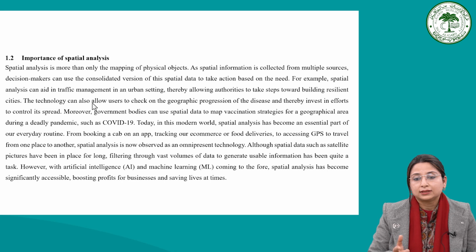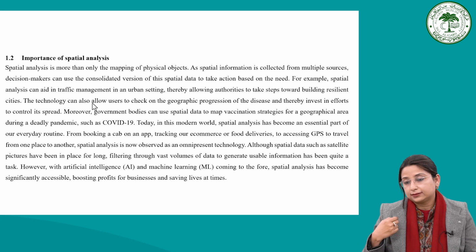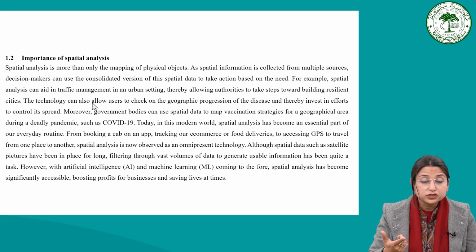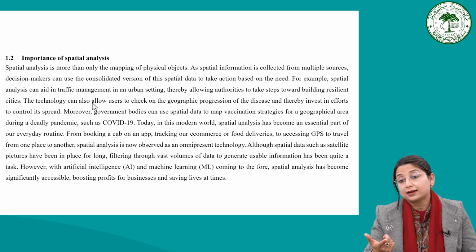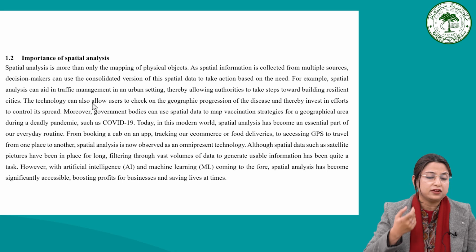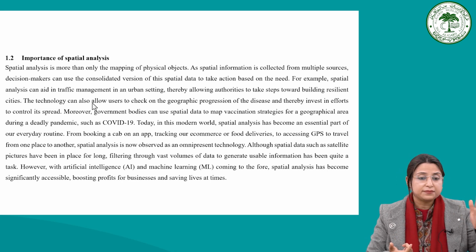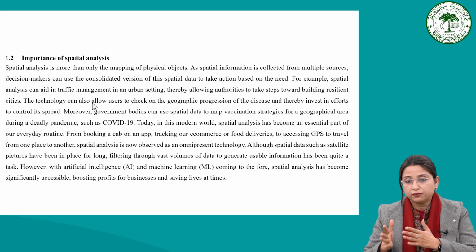As we know, spatial information is collected from multiple sources, from satellite imageries. Even in satellite imageries, we can get information at very fine resolution, previously from 30 meters, then 15 meters, then even 1 meter.